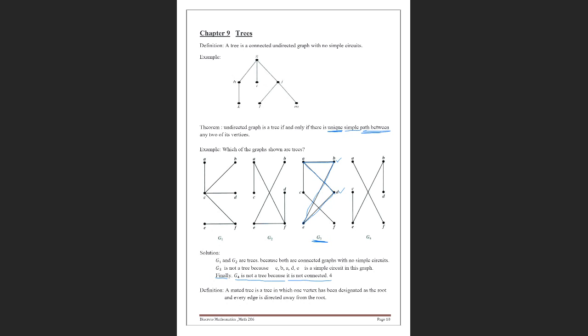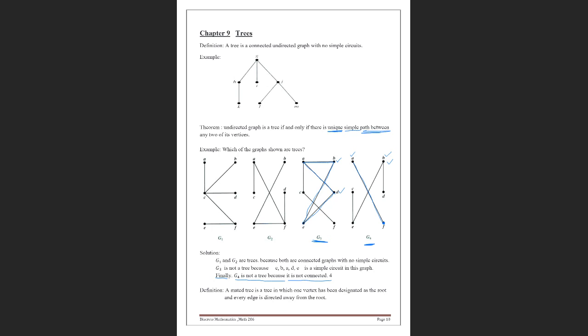Why? Suppose this is G4. If you want to go from A to B, how will you go from A to B? First you start from here, A. You can come here, and after here, there is no arrow, so you cannot come here.